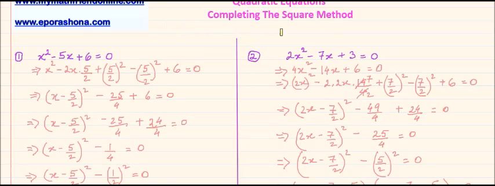And what is this method? We have two different cases. First case is when the x squared term is a perfect square term. If we are having a perfect square term for x squared, then we introduce a term, and depending on whether this sign is a minus sign or a plus sign, we get three terms and express those three terms in the form of a minus b whole square identity or a plus b whole square identity.